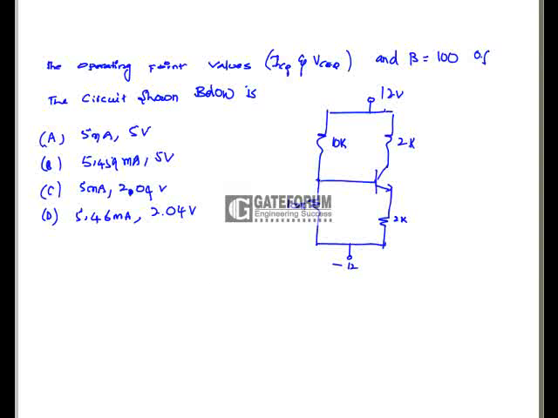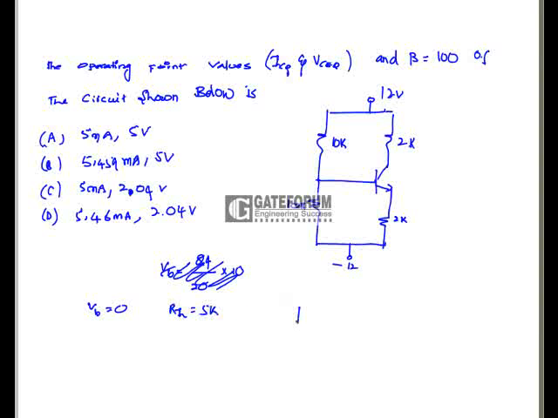So here VB is 24 divided by 20 into 10, sorry, here VB is going to be 0 because of the exactly opposite and equal potentials. And the Thevenin resistance is going to be 5k.